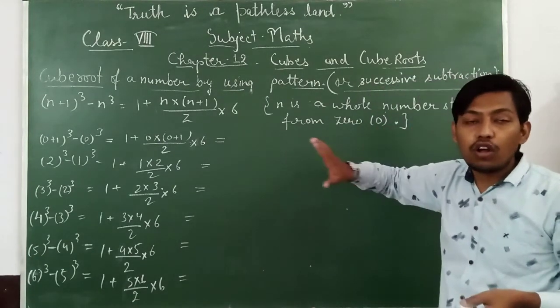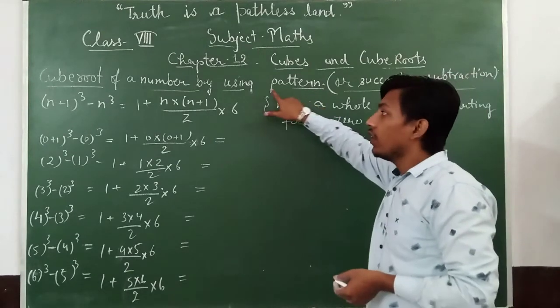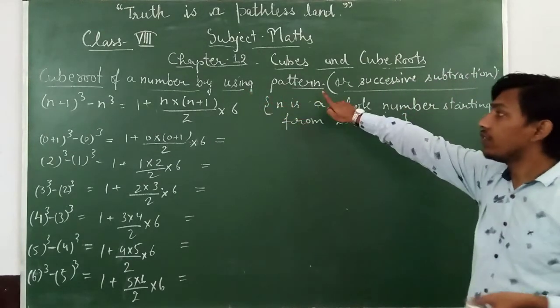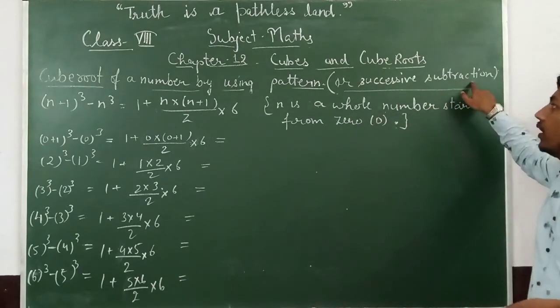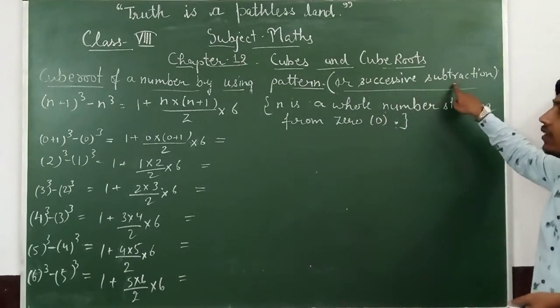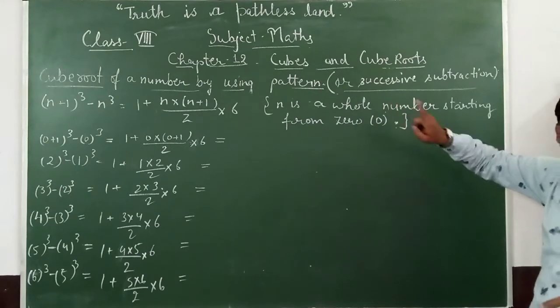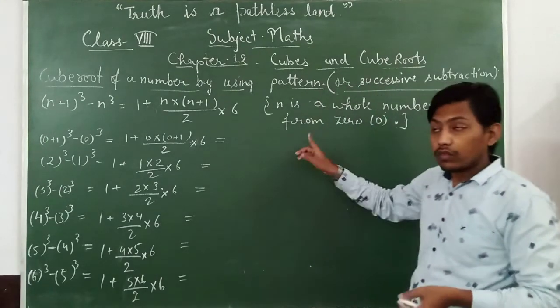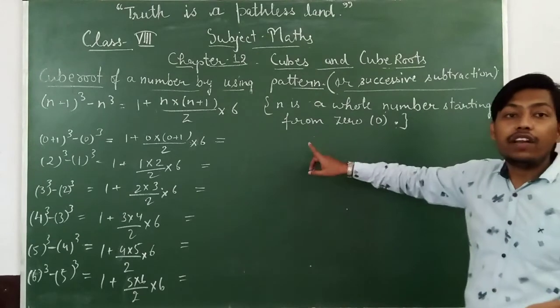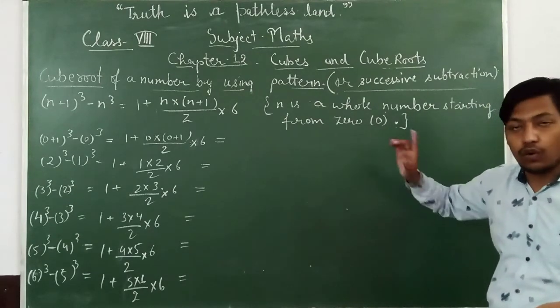The heading is cube root of a number by using pattern or successive subtraction. Successive subtraction means we have to subtract the numbers obtained in the pattern successively until we get the remainder as 0.